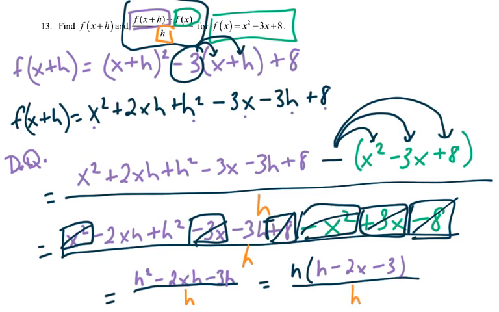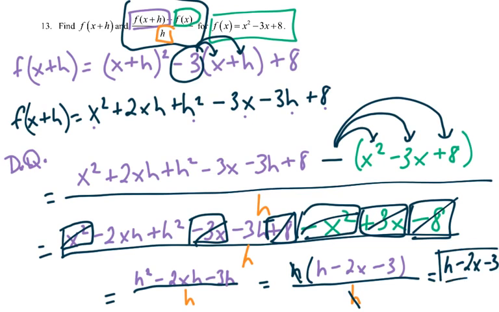Since I was able to pull out an h and I have an h in the numerator and an h in the denominator, those can cancel because h divided by h is 1. And then, so that ends up simplifying all the way down to h minus 2x minus 3.